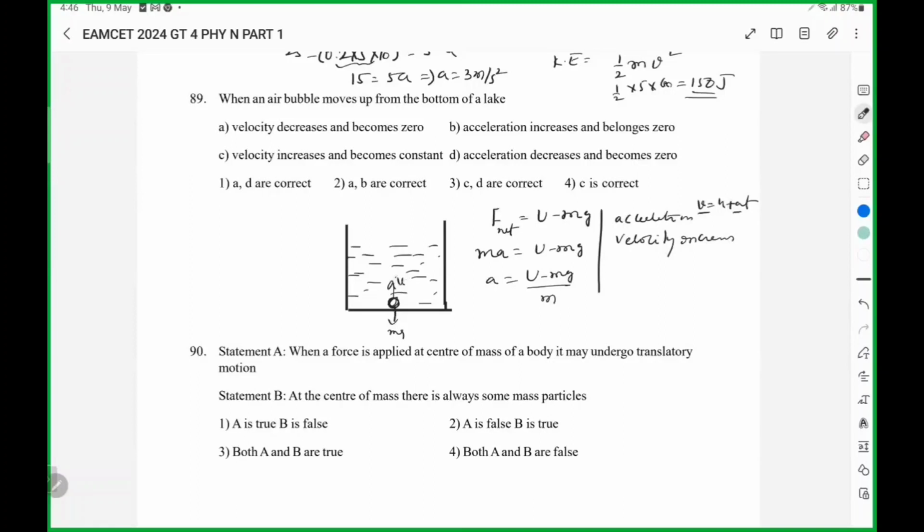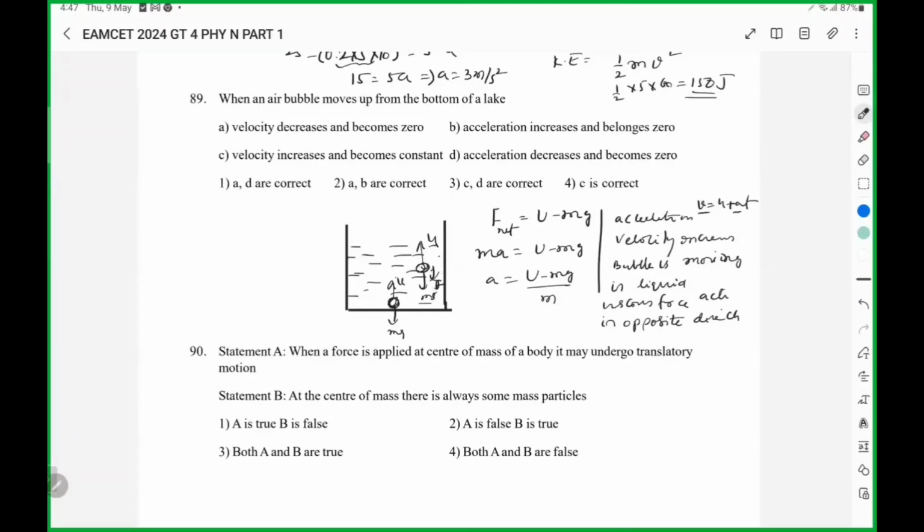After that, once velocity increases, since the bubble is moving in liquid, viscous force acts in the opposite direction. Means when the bubble reaches here, there is upthrust, but viscous force, a frictional force, acts in the downward direction.